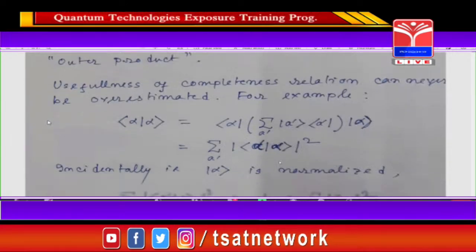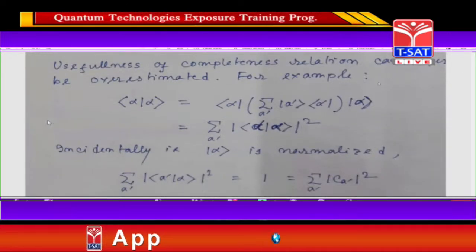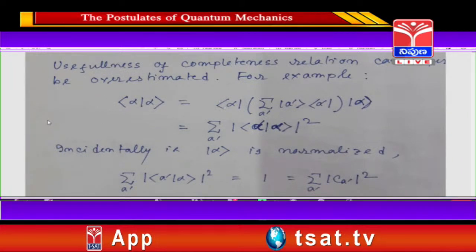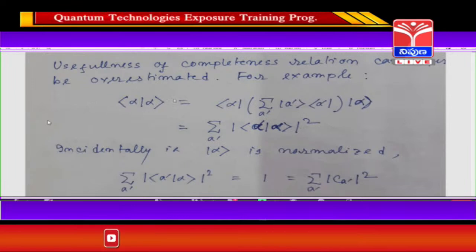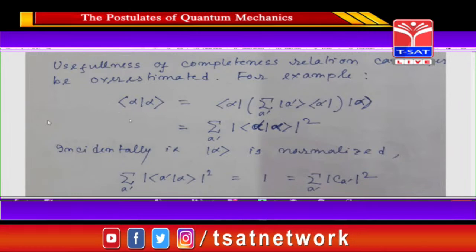The usefulness of the completeness relation can never be overestimated. We can use completeness relations in several ways. For example, take this inner product alpha alpha, which is basically the square of the magnitude of alpha.